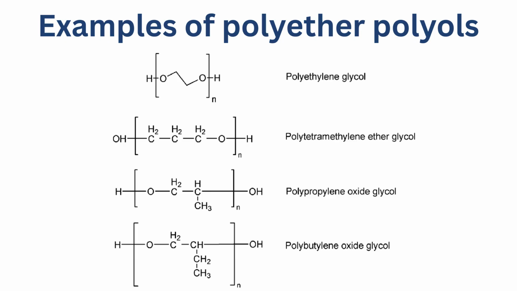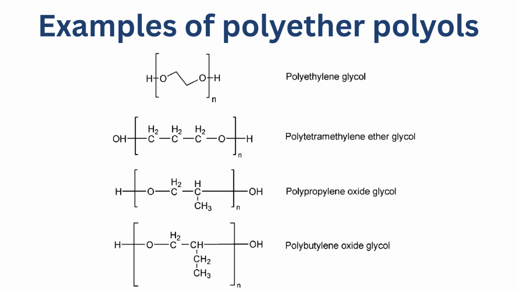The functionality of the resultant polyether depends on the functionality of the chosen initiator. Thus, if the initiator is a diol, the resultant polyol will have functionality of 2. Conversely, if the initiator is a triol, the resultant polyol will have functionality of 3.